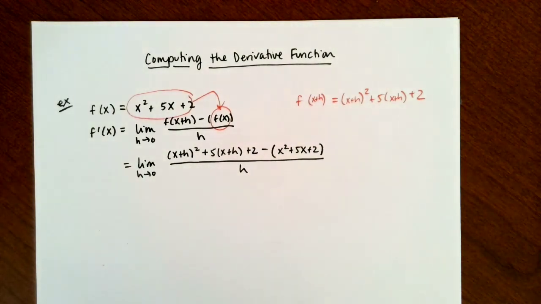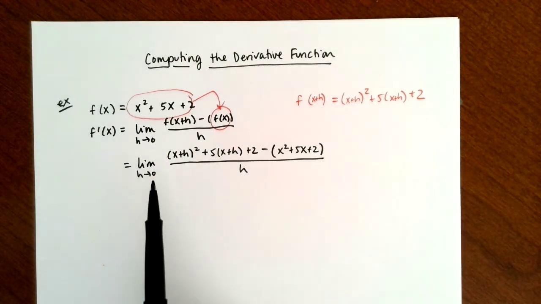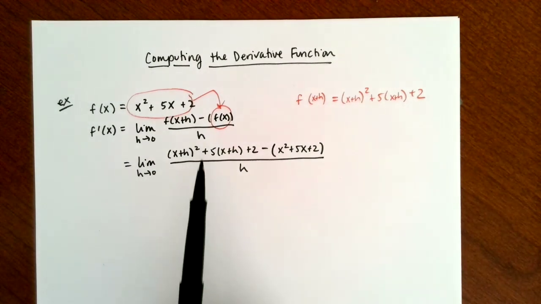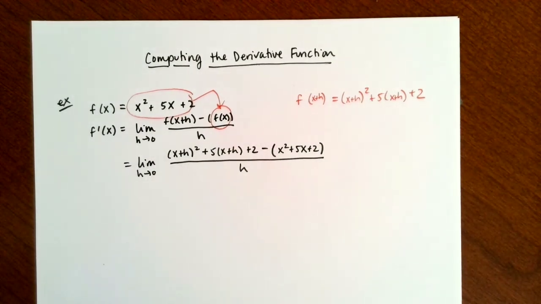Now, this looks pretty bad and it's about to get worse, but we're kind of trusting the flow of these problems. We're expecting that if we tried to plug in 0 for all the h's, we would get 0 over 0. So we know that we're going to try to simplify and factor the numerator, and we're just waiting for h over h to cancel. And as soon as it does, we can plug in our 0.